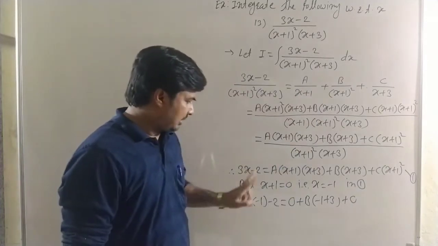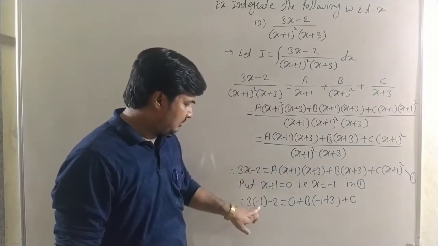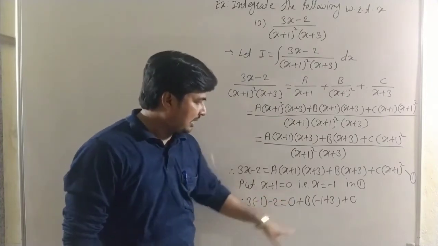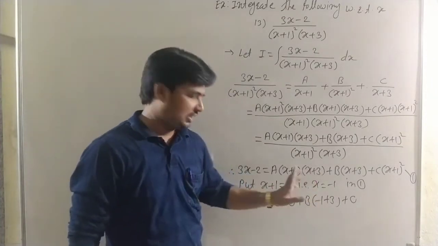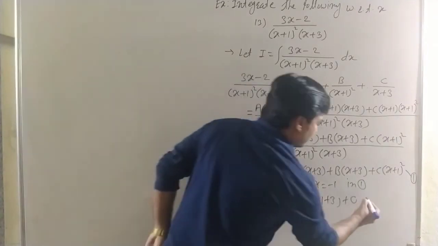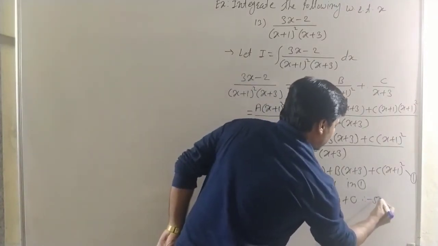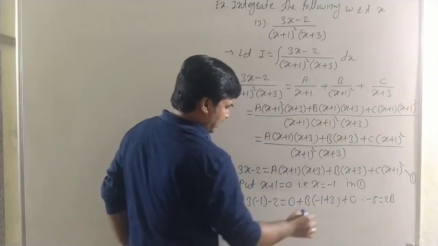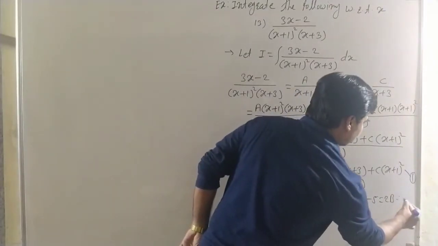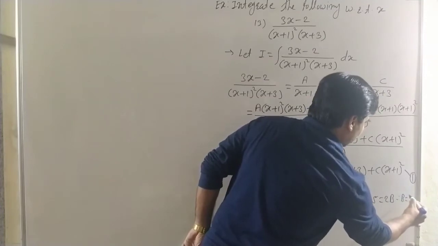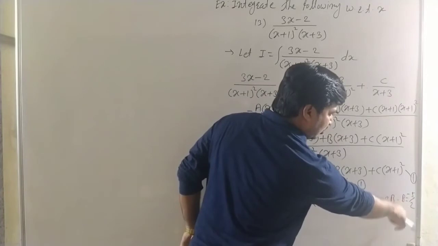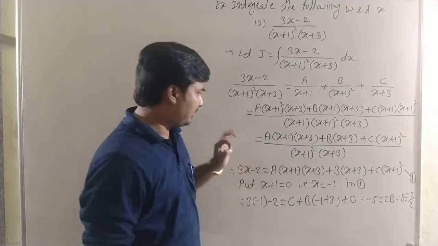Now here it is minus 3 minus 2, that is minus 5, and it is 2B. Therefore minus 5 is equal to 2B, and so B is equal to minus 5 by 2. See carefully, this is the value of B.